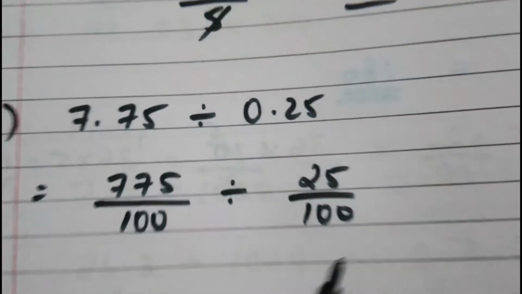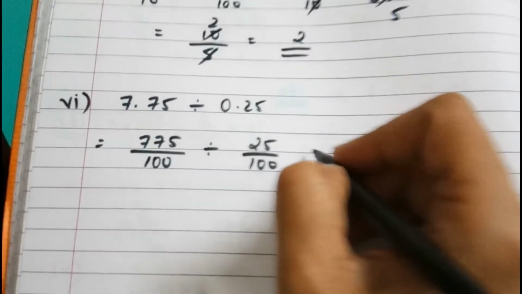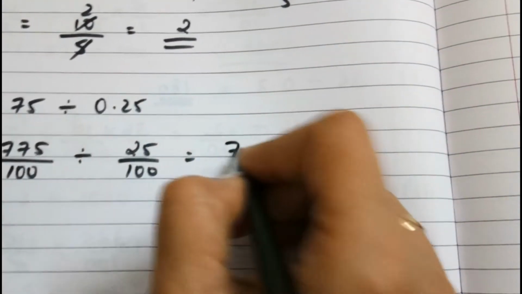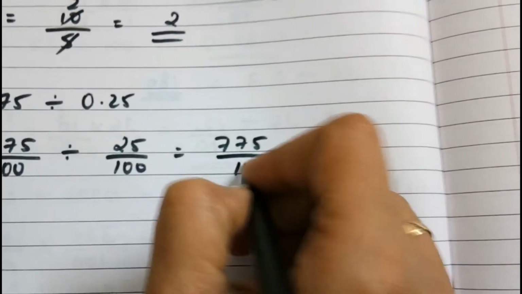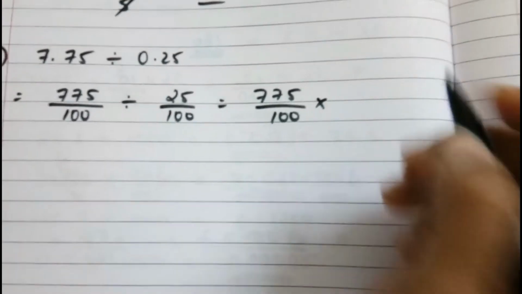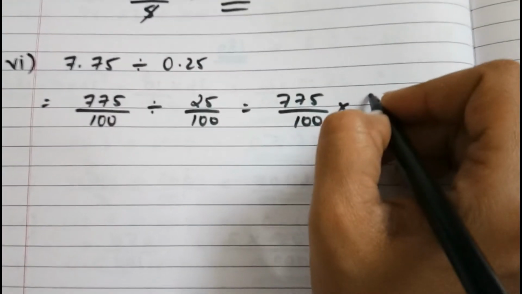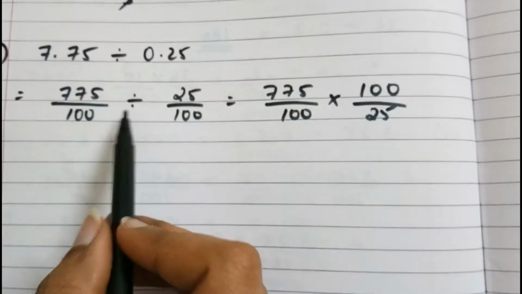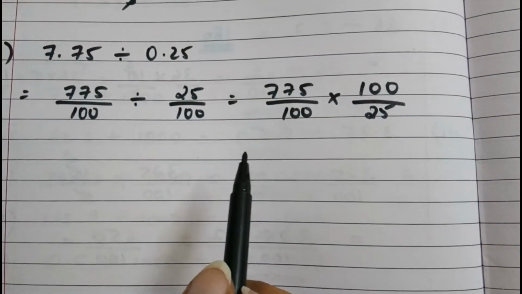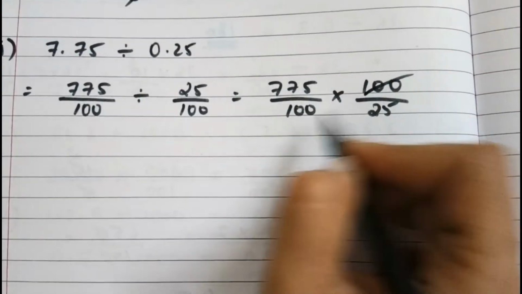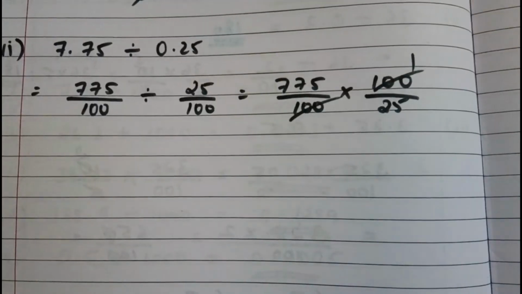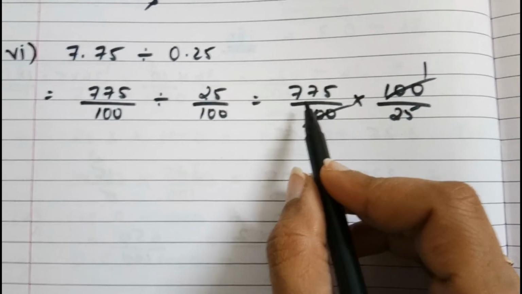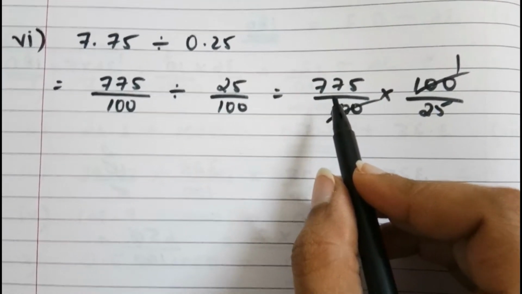Okay, so now let's see how will we write this. This is written as, say, 775 by 100 into the reciprocal of this, 100 by 25, just the reciprocal of this. Clear? So this 100 and this 100 get cancelled. Now let's see how many times the 25 goes in 775.